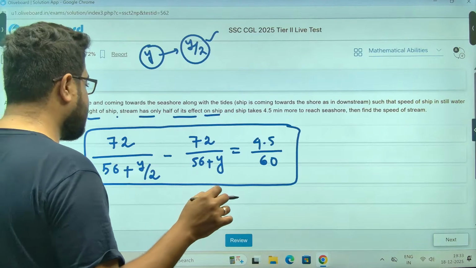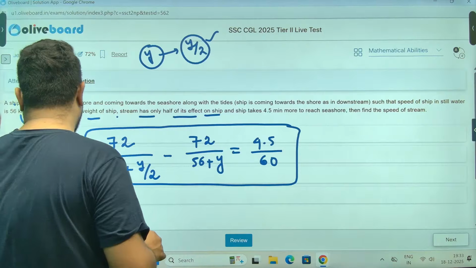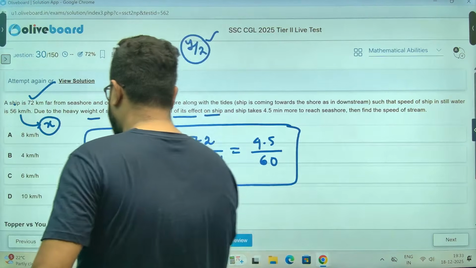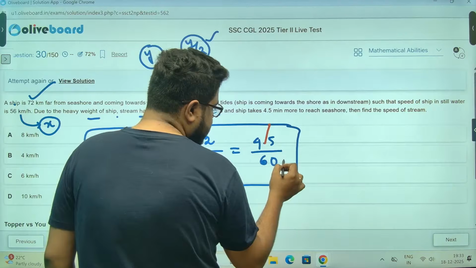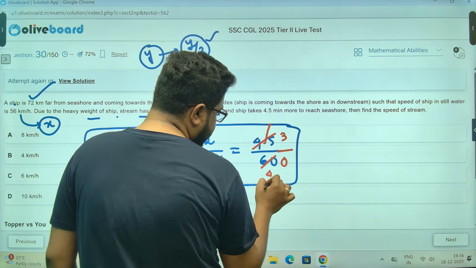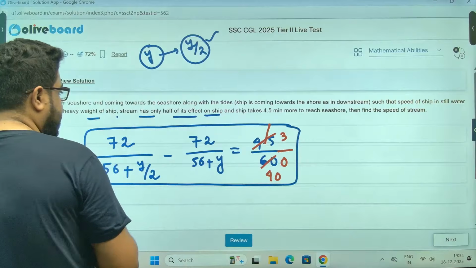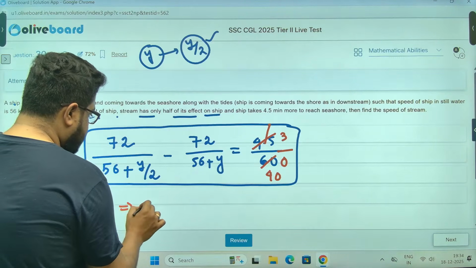I'll suggest don't use quadratic. Put values from the options. Before I put 8, just use a little bit of calculation. 15 threes, 15 fours, so 3 by 400. 72 also I can take common.